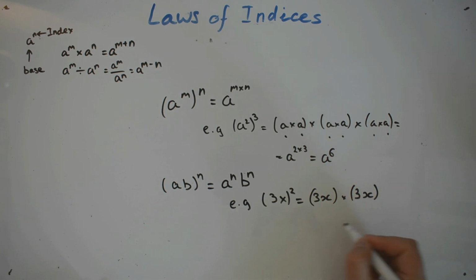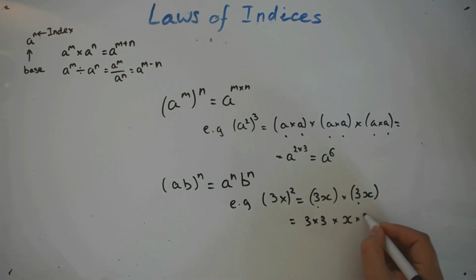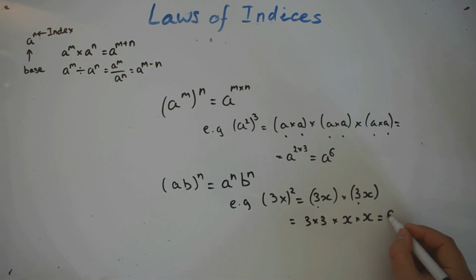And if you get rid of the brackets again and put the numbers together first, so 3 times 3, and then you're gonna have x times x, and then you work it out, so 3 times 3 becomes 9, and x times x becomes x squared.